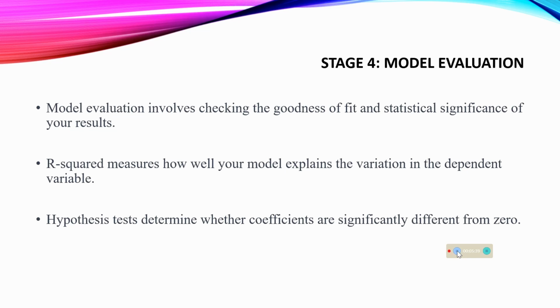And we also check the statistical significance of our results. To check goodness of fit, we use R square, which measures how well our model explains the variation in the dependent variable. In simple words, how much variation in the dependent variable is caused by the independent variables of the model. On the other hand, we use hypothesis testings to determine whether coefficients are significantly different from zero or not.